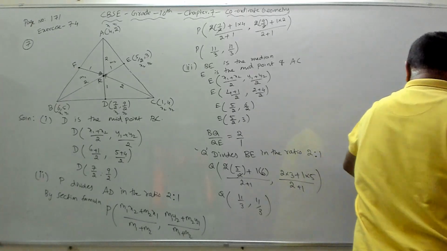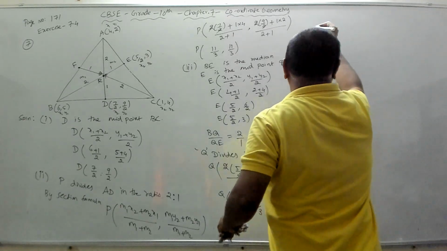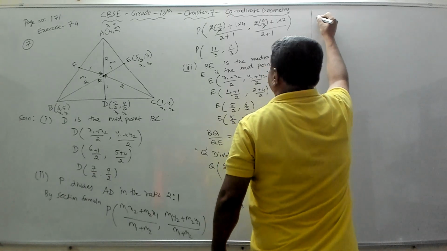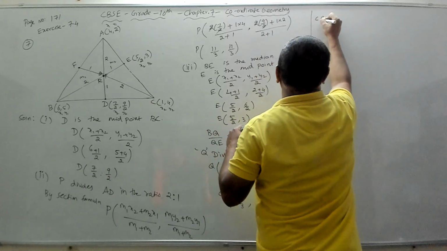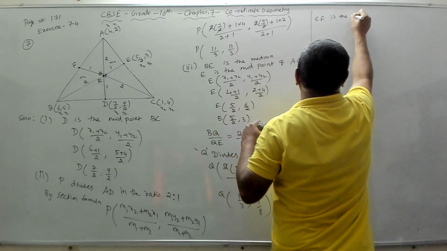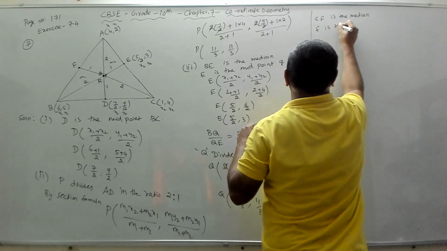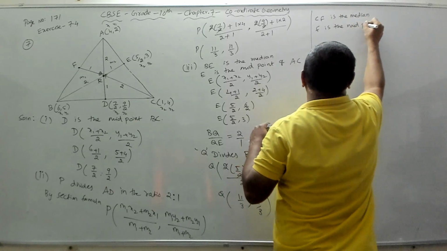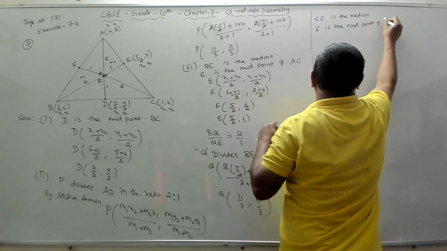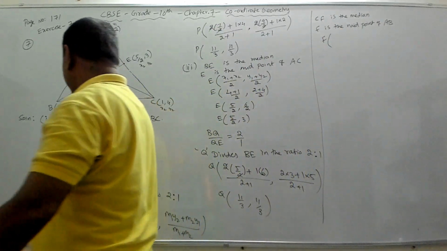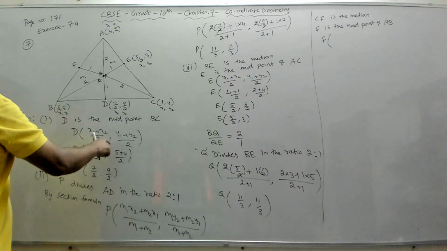So next, we'll find F. CF is the median, which means F is the midpoint of AB, and F is given by again the midpoint formula, which is x1 plus x2 by 2, y1 plus y2 by 2.